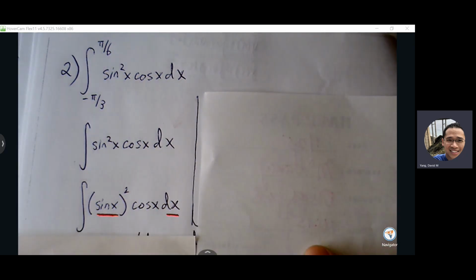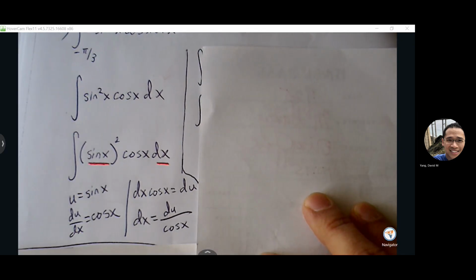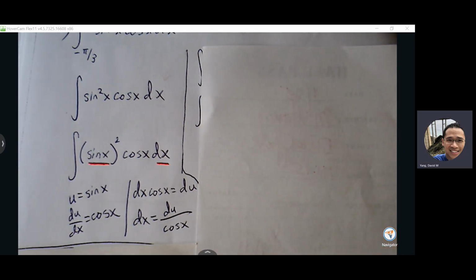We're expecting the x's to drop out for us. So u equals sine of x, du/dx equals cosine. Solve for dx: dx cosine equals du. We'll cross multiply first. Solve for dx: dx equals du over cosine x.